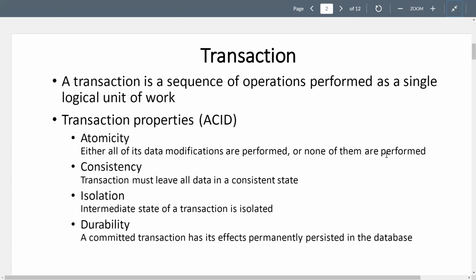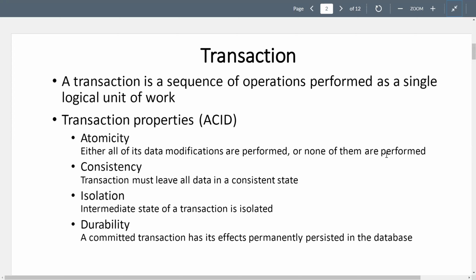So think about transferring money from your savings to your checking, right? For that transaction, for that work, there are two steps. You will need to withdraw money from your savings account and then put the money in your checking account.